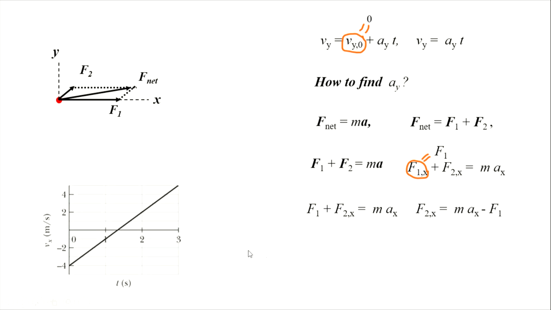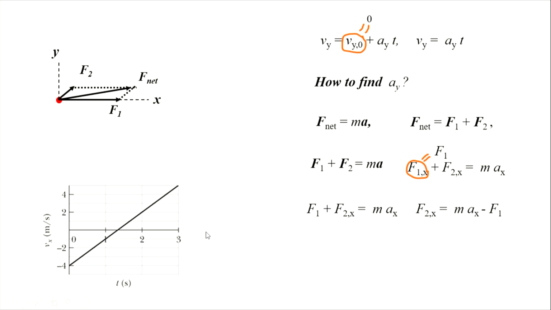We can use for this the plot which is given, and because this is a plot of velocity versus t, the slope of this plot will give us Ax.